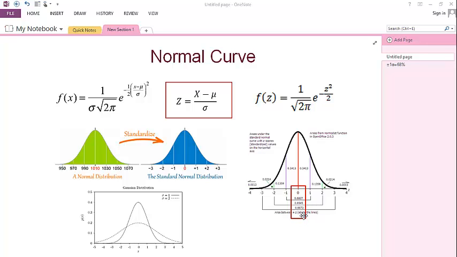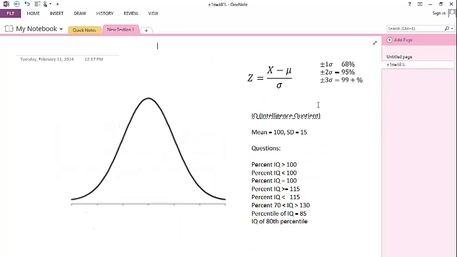Plus or minus 3 standard deviations, 99%. So as we go to this page, these are what you have to remember. You have to remember plus or minus 1, 2, and 3 standard deviations and their probability.